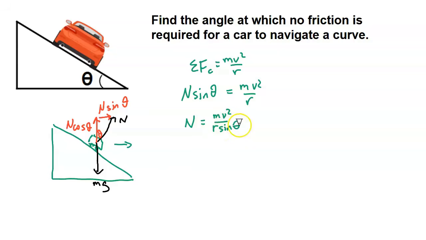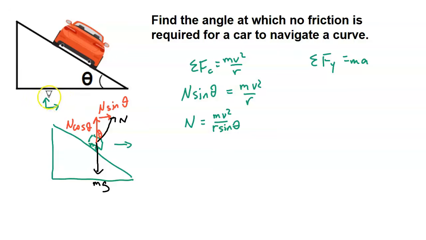Okay, so we're looking for an angle, but we don't know what the normal force is. So I need to get rid of that normal force. So now let's take a look at this problem vertically. We saw it horizontally, but vertically, we're going to use Newton's second law. So net force in the y direction equals ma. I'm going to make right positive and up positive.